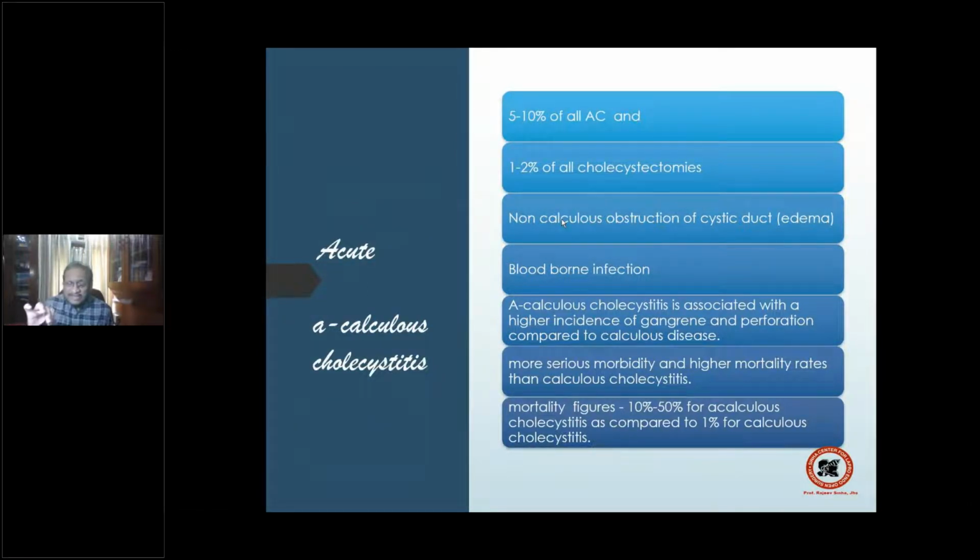But if you miss the diagnosis of acalculous cholecystitis, then it has high morbidity and higher mortality rates. The mortality figures are 10 to 15% for acalculous as compared to 1% for calculous cholecystitis, for the simple reason that you have done an ultrasound, you don't find a stone, and you say this patient doesn't have acute cholecystitis, he must be having something else, while all the time the patient was having acalculous cholecystitis. So because you tend to miss the diagnosis, the morbidity and mortality figures creep up as compared to calculous cholecystitis.